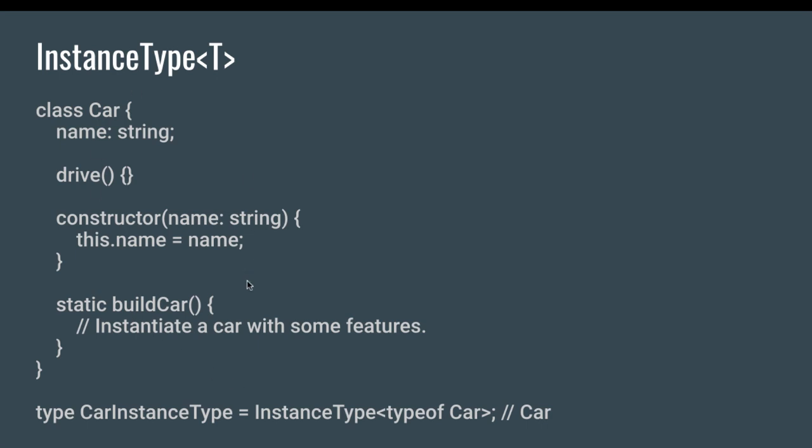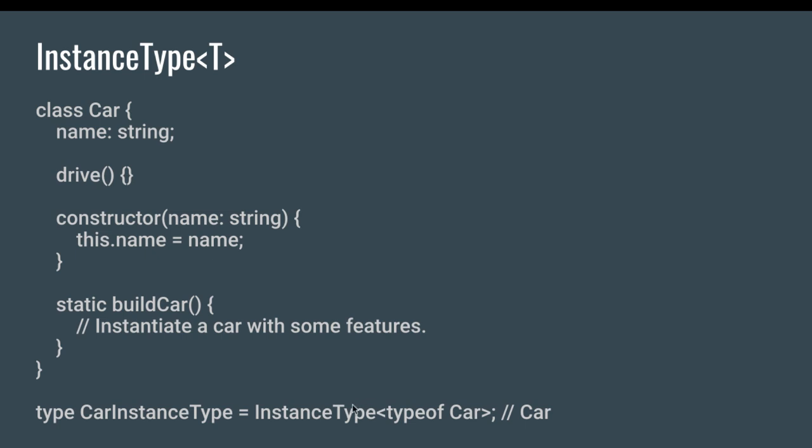For this, we use the InstanceType with the statement typeof Car. We use typeof and not Car directly to get the type of the static side of the Car class. We use typeof because the InstanceType expects the type of the static side.